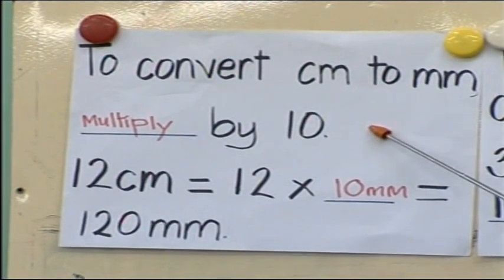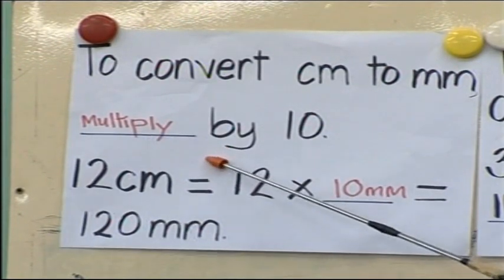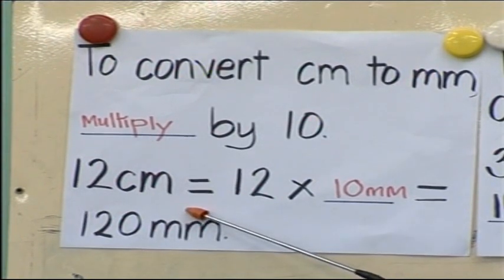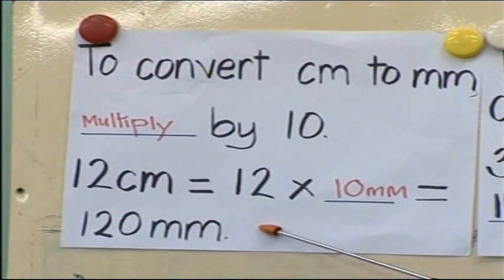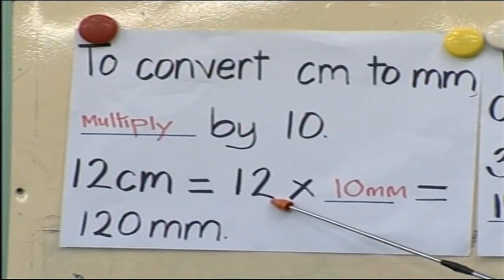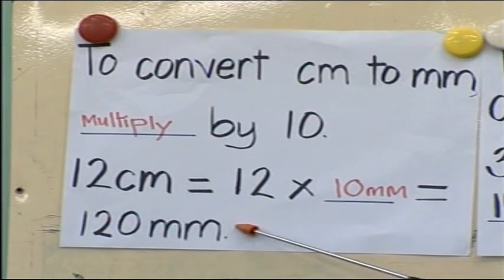We know that 10 millimeters is equal to 1 centimeter. So that's why we multiply by 10. If you were to convert 12 centimeters into millimeters, you would multiply 12 by 10 millimeters, which is equal to 120 millimeters.